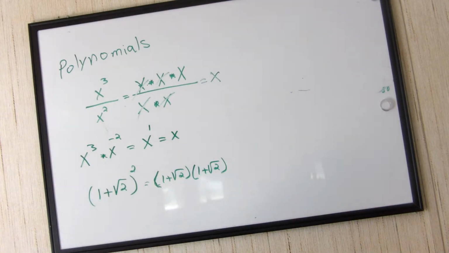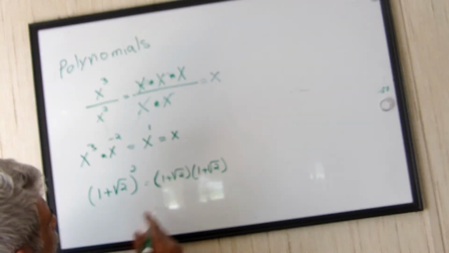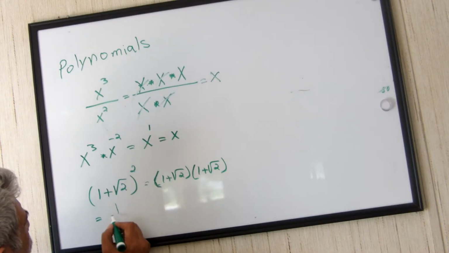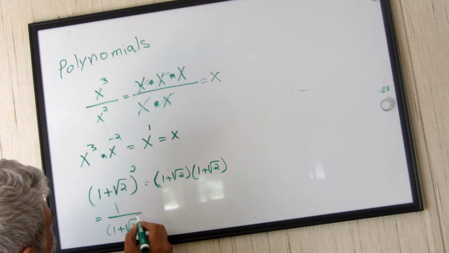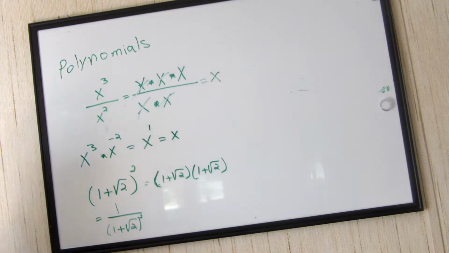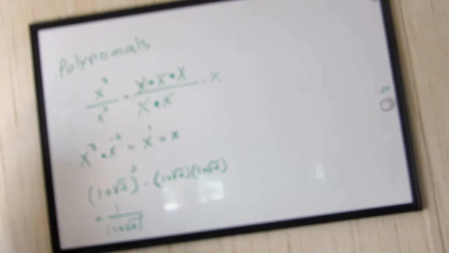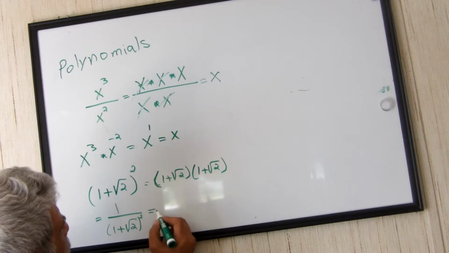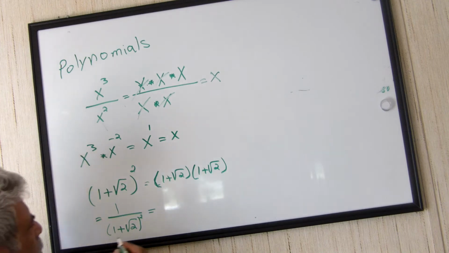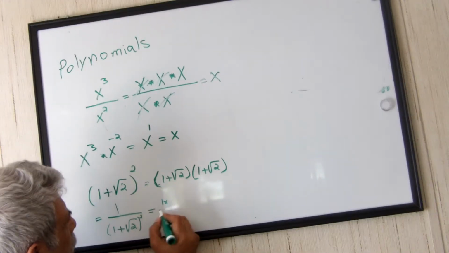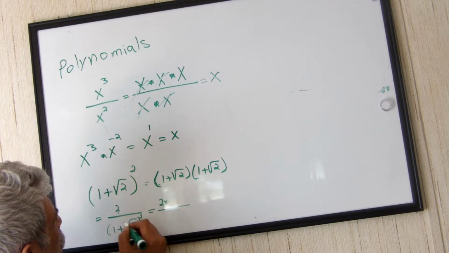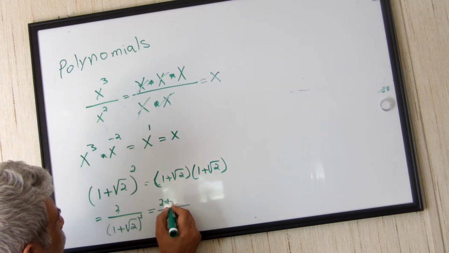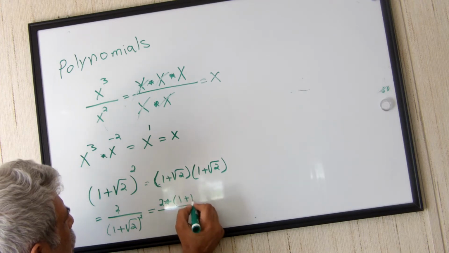Okay, so if we have a fraction with 1 plus the square root of 2 to the power of 2 in it, and you write it in negative exponent form, it's 1 times 1 plus the square root of 2.